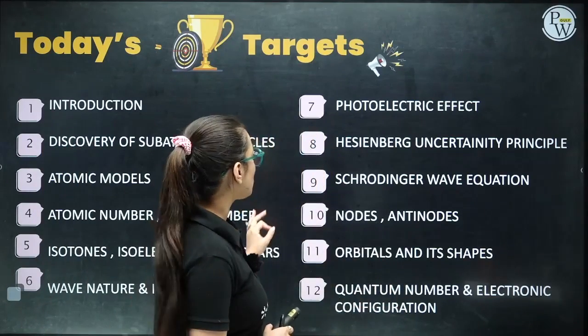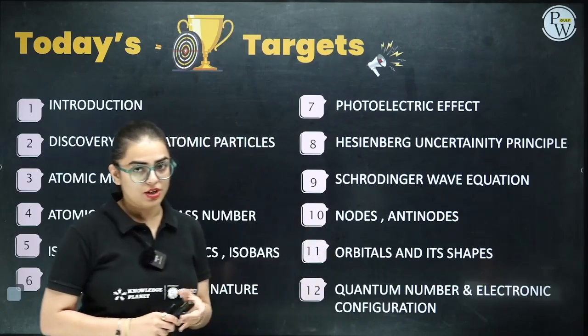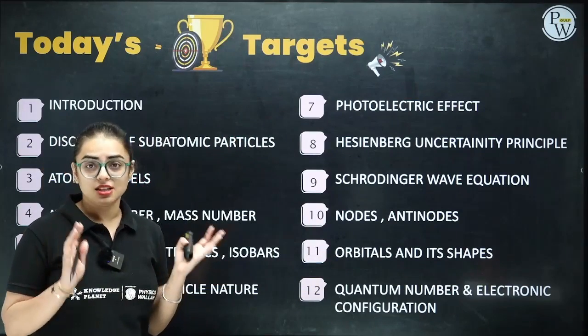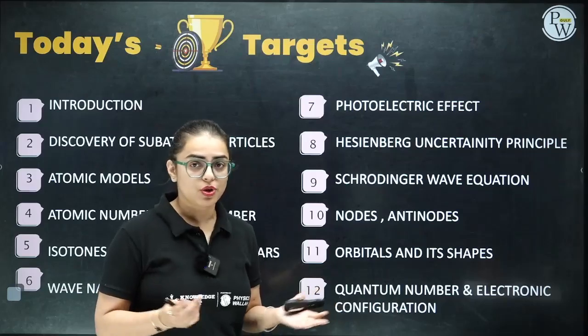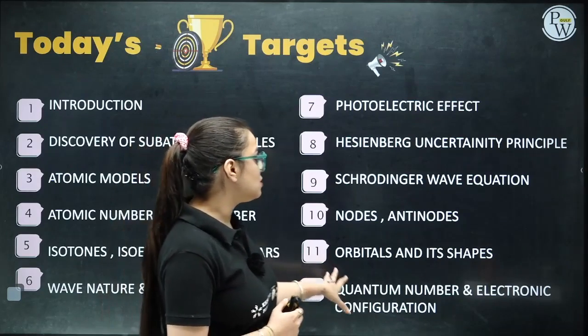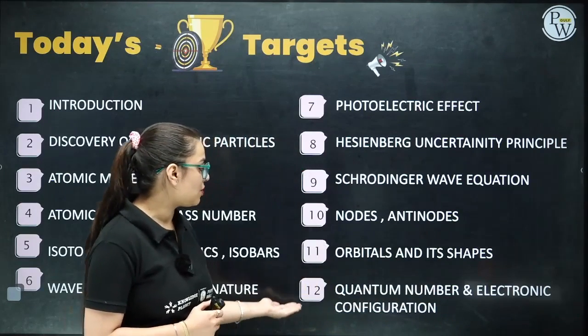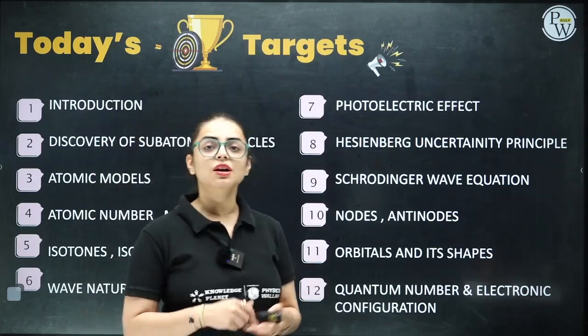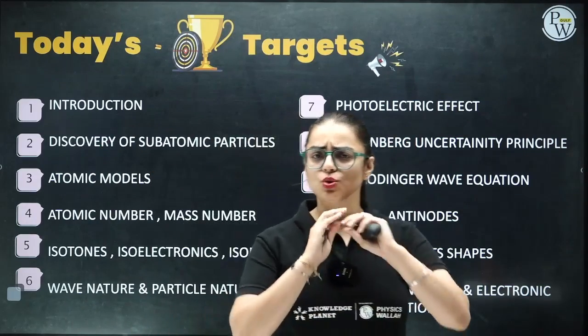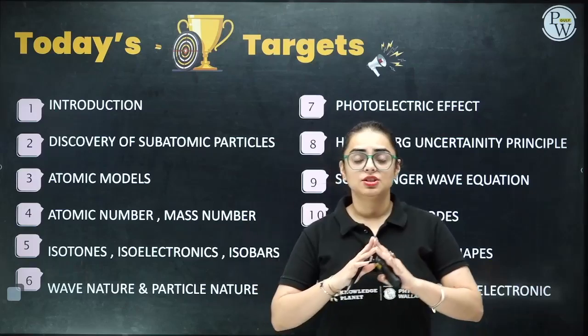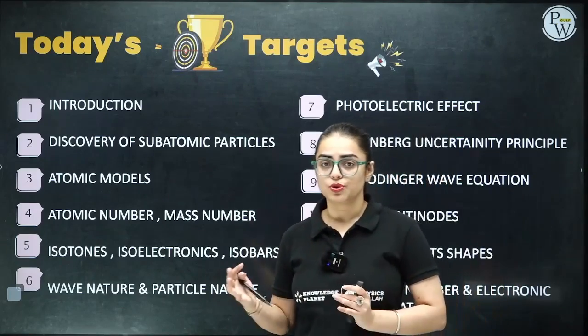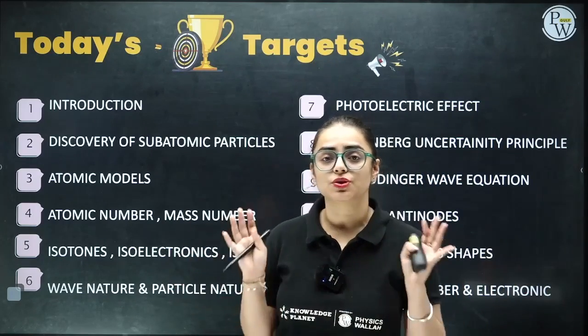Moving on to the next topic, we have the Schrodinger wave equation. And then we have nodes and antinodes, very interesting topics we are going to cover, students. Then we have orbitals and shapes, and at last we shall be covering quantum numbers and electronic configuration. So this is going to be the target for today's session, and this is basically the sequence of our session.